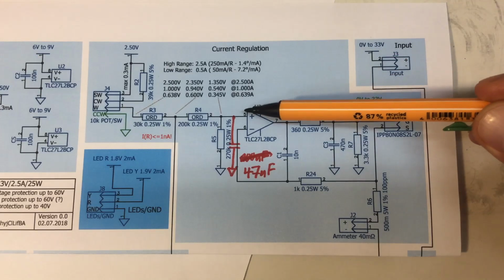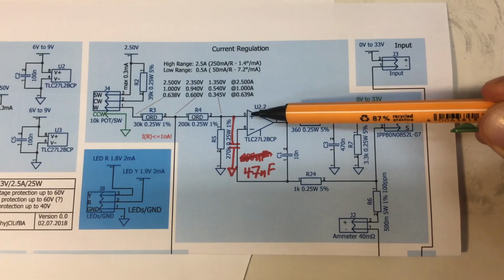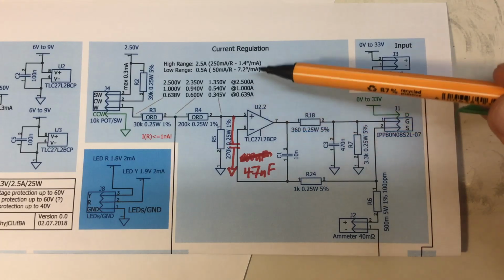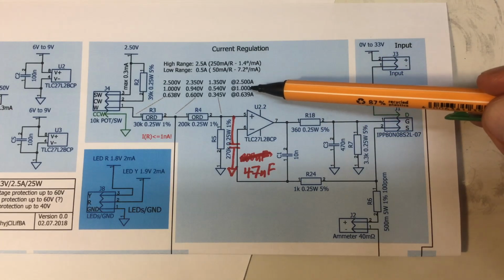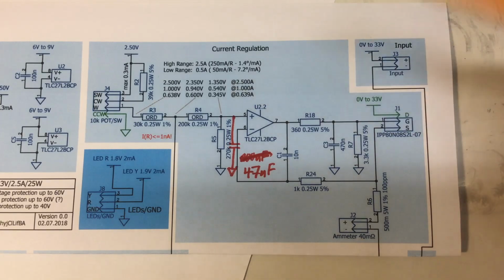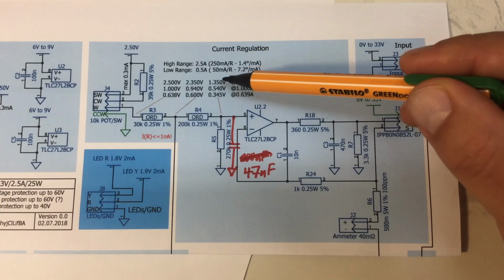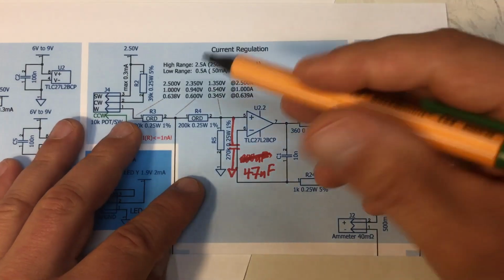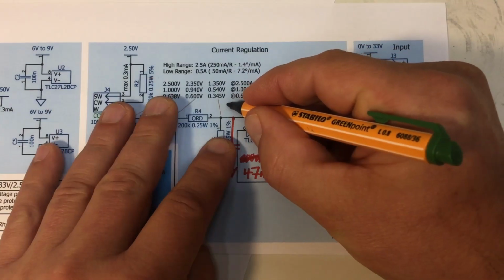I mean, we put in here a set voltage, at 500 milliamps. Do I have that here? About 0.27 volts.